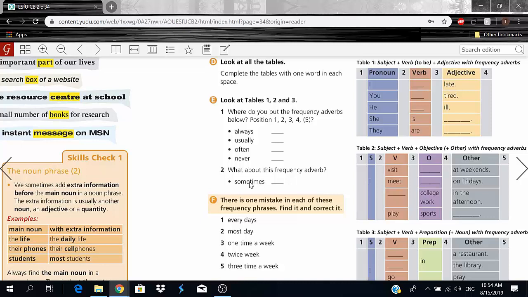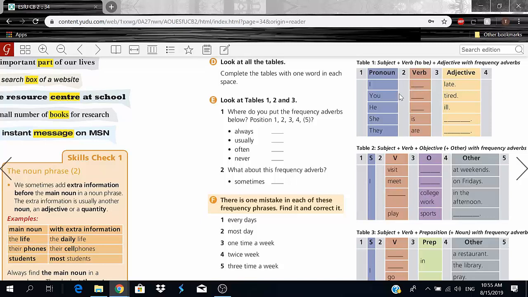I'll elaborate a little bit more in a second, but for now let's focus on verb to be. So if I want to say sometimes, I can use it in position number 1, 3, 4, and if there's a position number 5, I can use it there as well, depending on the situation. I cannot, however, use it in position number 2 when there is a verb to be.